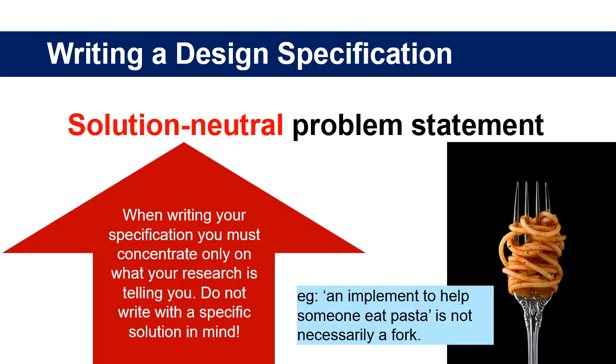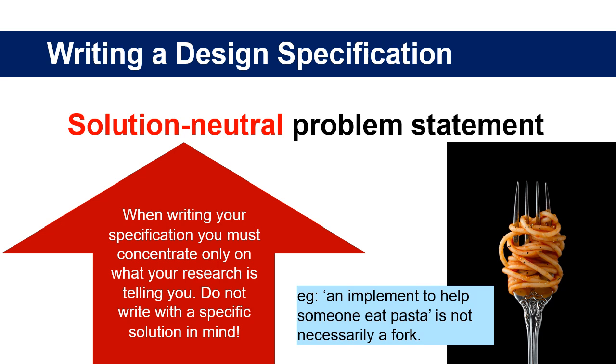First of all, our design specification needs to be solution neutral. What that means is that when you're writing your specification, you must only concentrate on what the research itself is telling you. You must keep any potential solutions out of your mind when you're writing it.